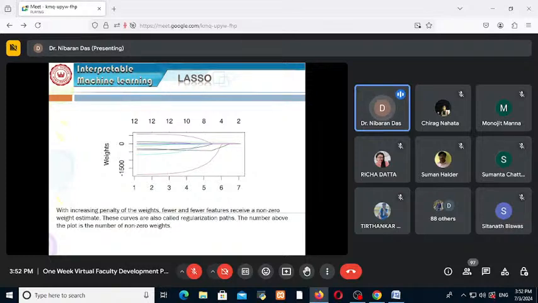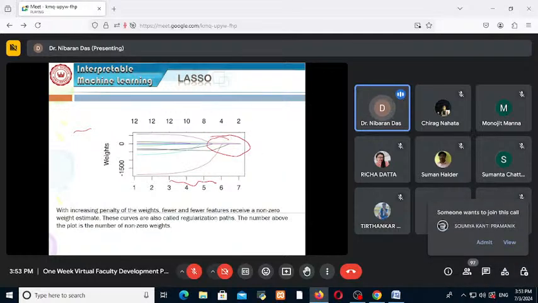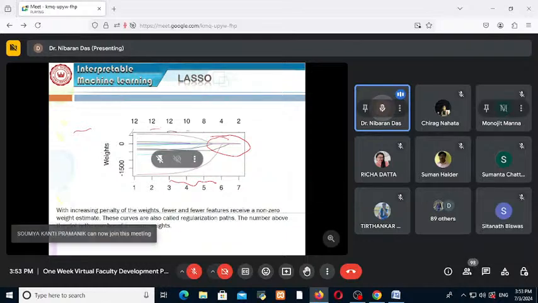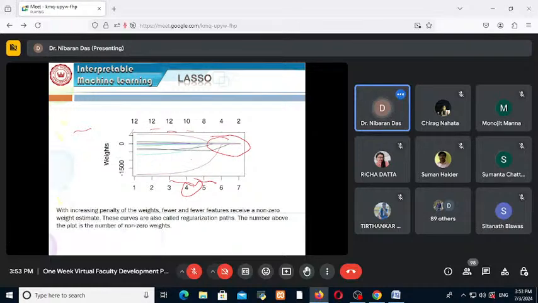And here, if you increase the value of lambda, notice the number of features: when lambda is low it is 12, 12, 12, then it keeps decreasing down to 2.